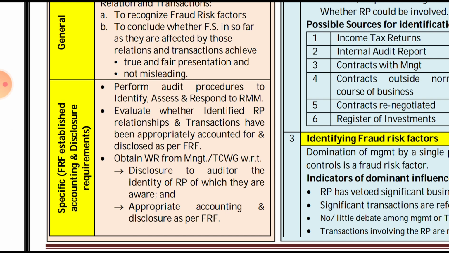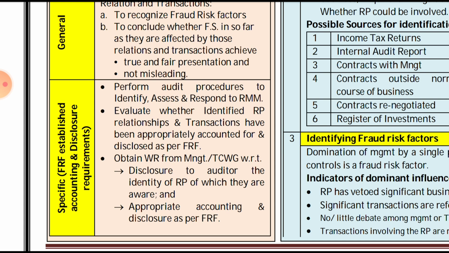The auditor will evaluate whether the identified related party relationships and transactions, which the management has indicated to the auditor, have been appropriately accounted for and disclosed as per the FRF.